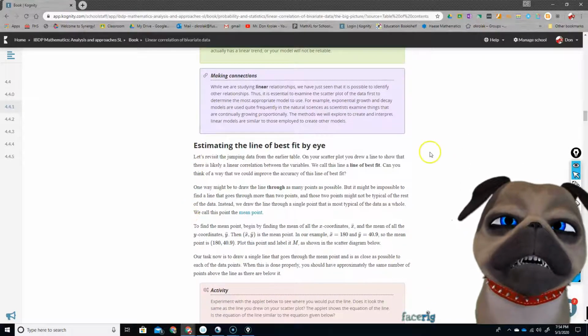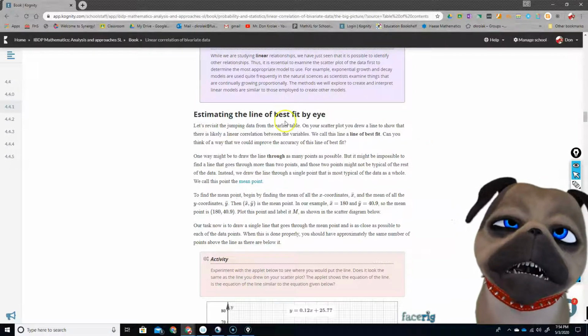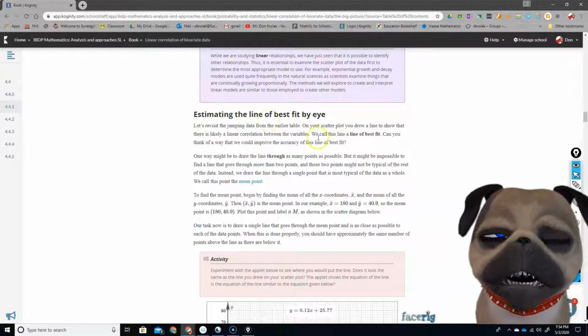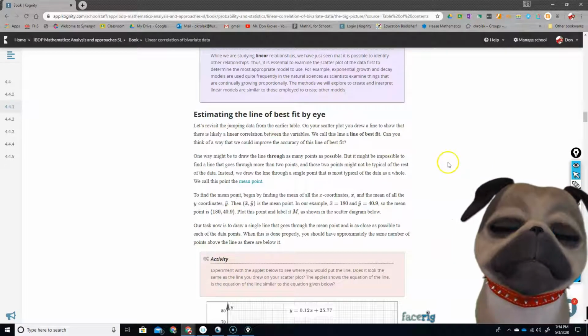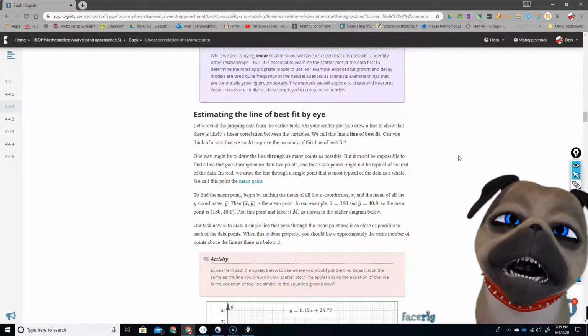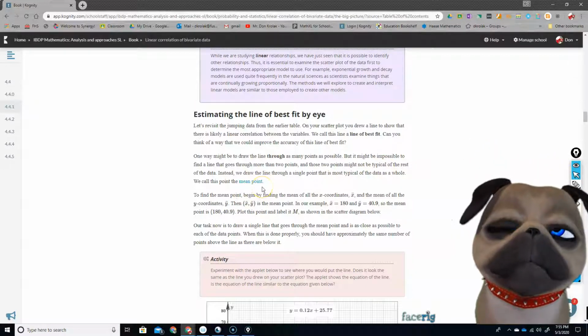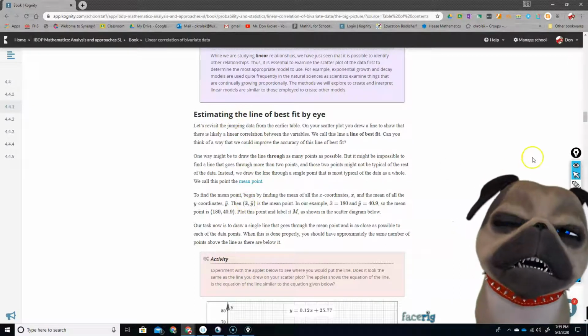All right, so you can estimate the line of best fit by just eyeballing it, and then we can use your calculator or Desmos to calculate the line of best fit. First of all, let's talk about what you need to do in order to just eyeball the line of best fit.